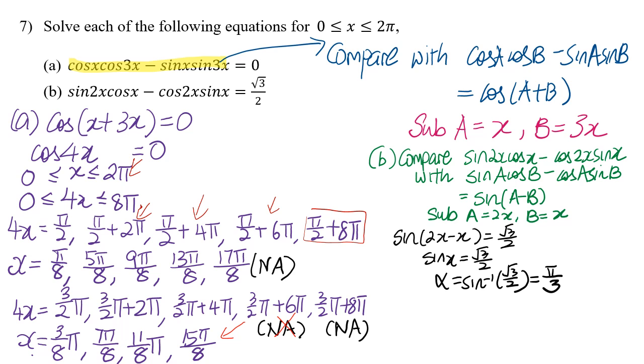So the reference angle will be sine inverse of square root 3 over 2, which is pi over 3, a special angle. And for sine to be positive, it will happen in the first and the second quadrant. So x will be equal to alpha in the first quadrant. Second quadrant will be pi minus pi over 3. Right, so 7b is easier than 7a.